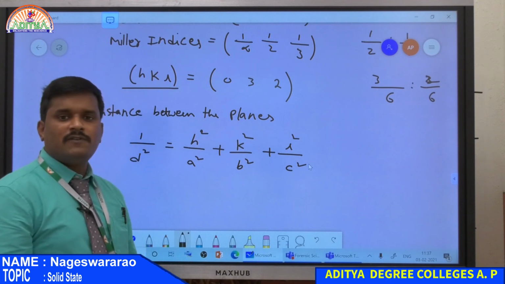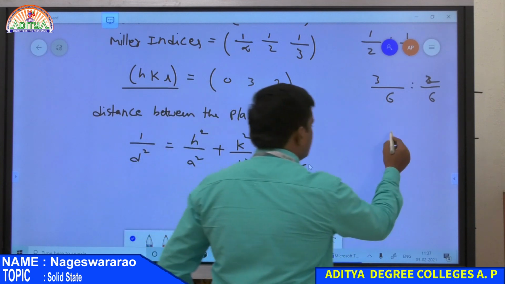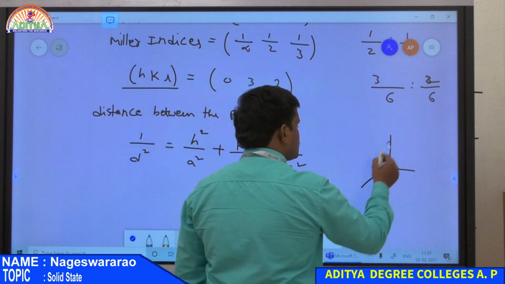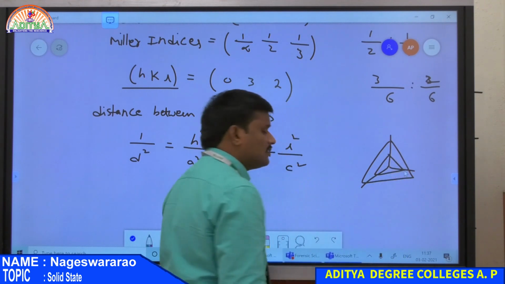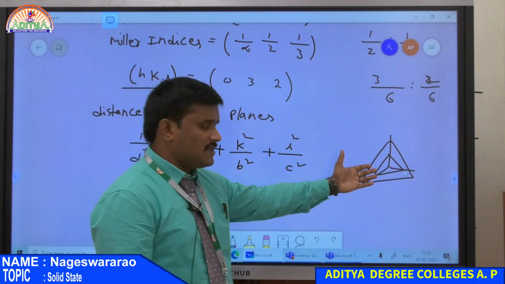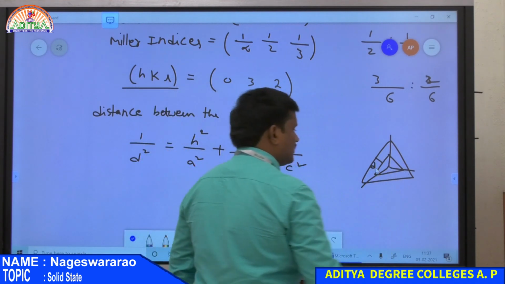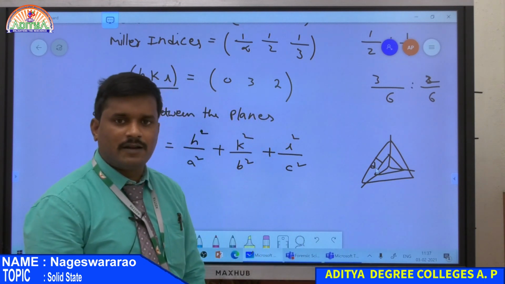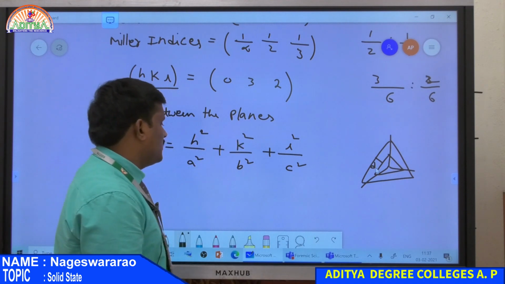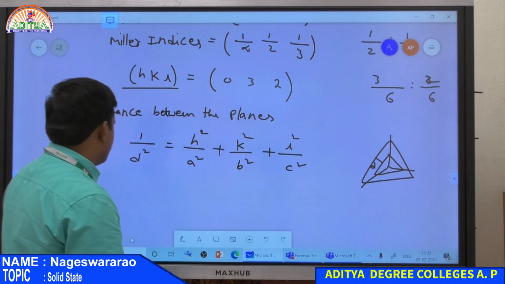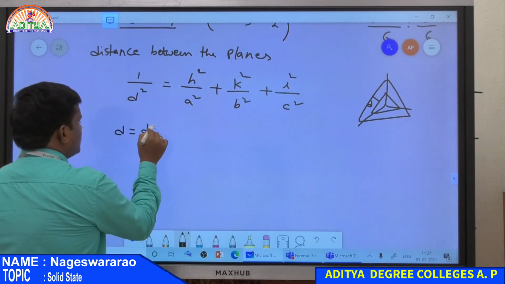This is the formula for determining the distance between parallel planes in a crystal. Here there is a coordinate axis, a crystal plane, and one more crystal plane. The distance between these two parallel planes is d, determined by 1 by d square equals h square by a square plus k square by b square plus l square by c square.